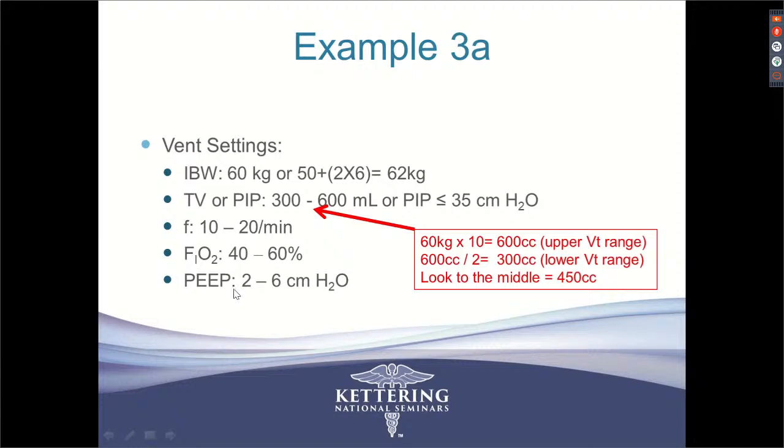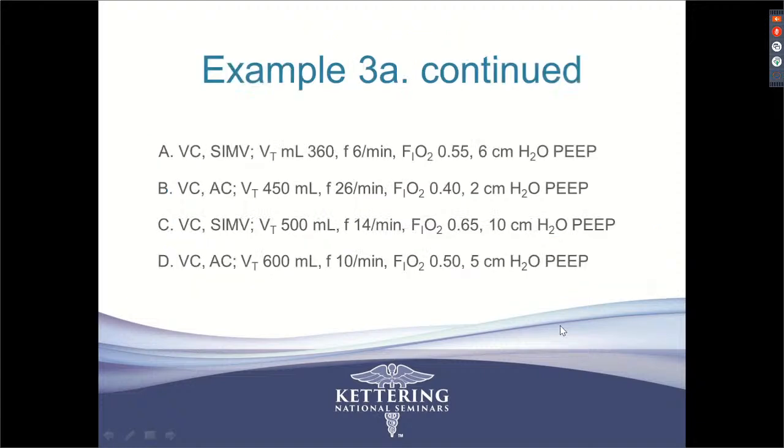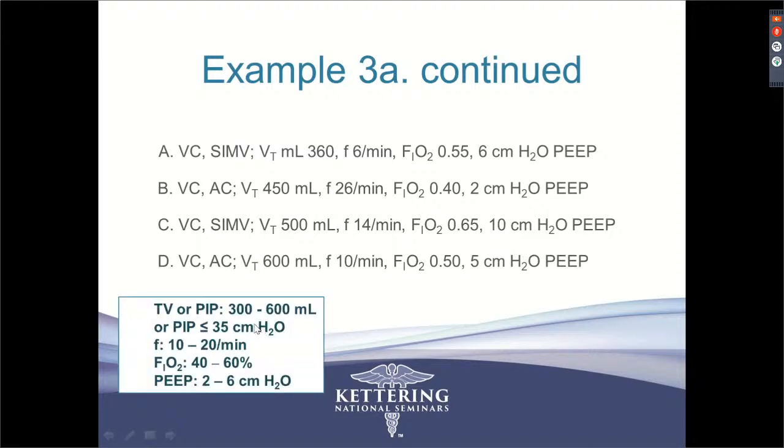And then the PEEP range, since they're not on PEEP, 2 to 6, that's what I would pick. So now I go over here to my options. Because I've written all this down on my piece of paper, I've got my tidal volume range, my PIP range, my frequency range, my FiO2 range, and my PEEP range. Now it's going to be very easy for me to find the right answer.